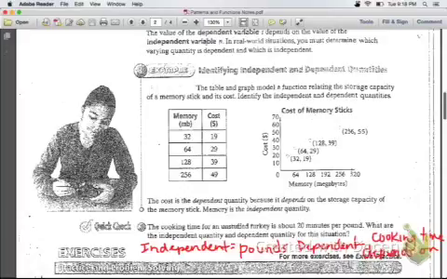Or it depends on the size of the turkey. Yeah, okay, turkey.